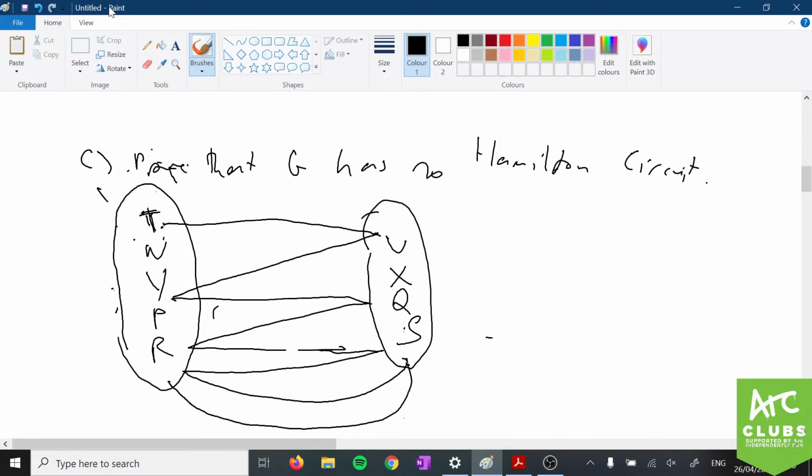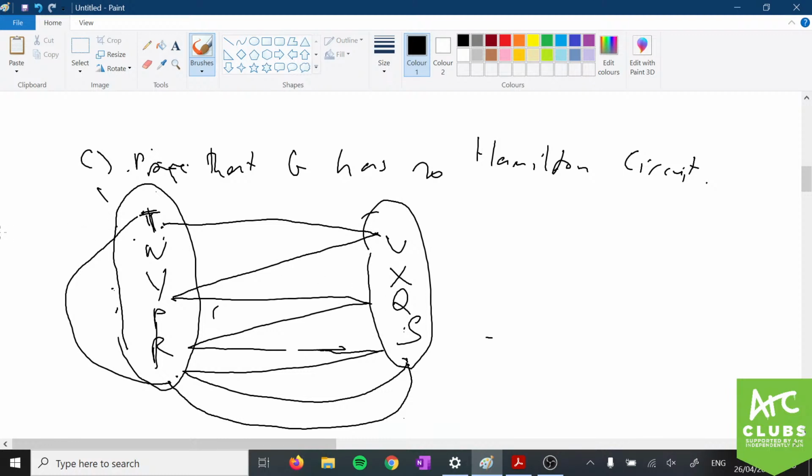And we traveled through 8 edges, covering 9 vertices, but there's no way we can come back to T, because to come back to T, we need an edge directly to T, but that's not possible because this is a bipartite graph. Every edge is from one group to another. We can't have an edge from this vertex back to T. And that's why G has no Hamilton circuit.